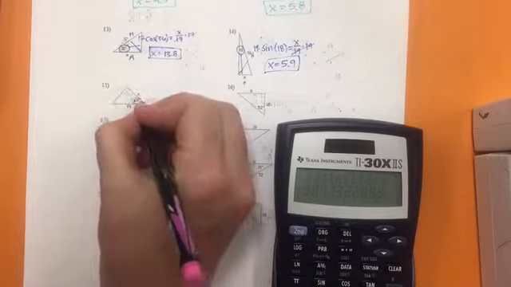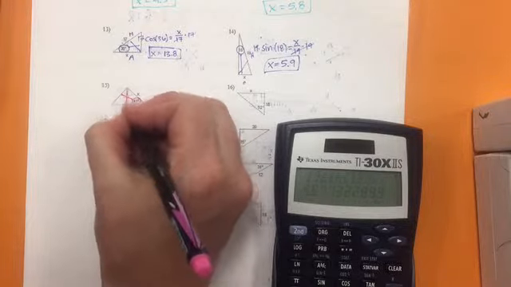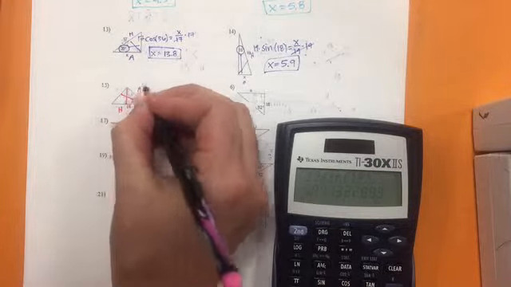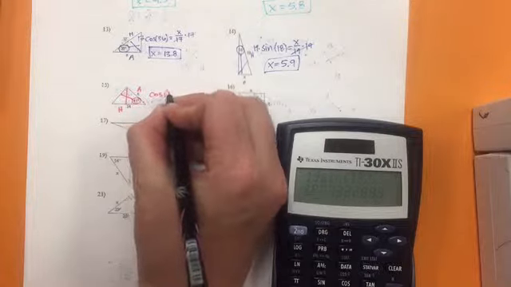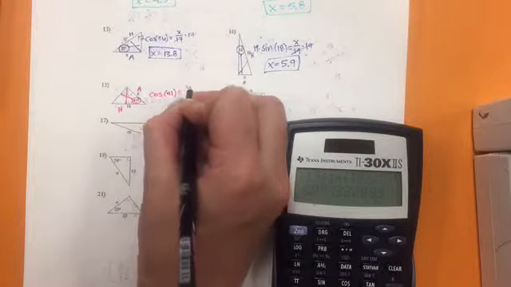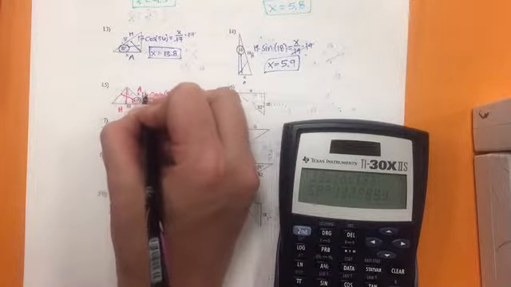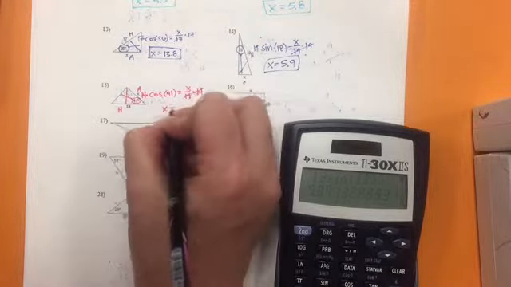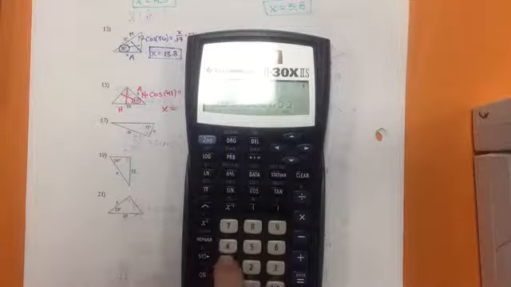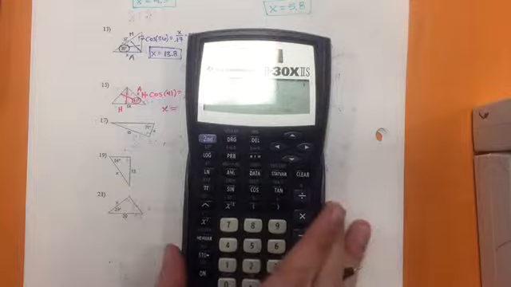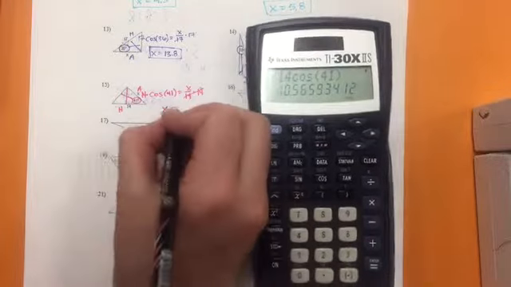I have my angle, no O, I have an H and an A. Cosine of 41 equals A over H, times by the 14. X is equal to 14 cosine of 41, which is 10.6.